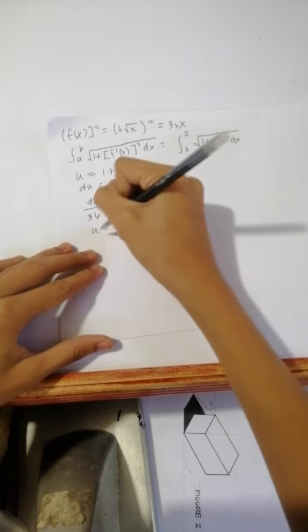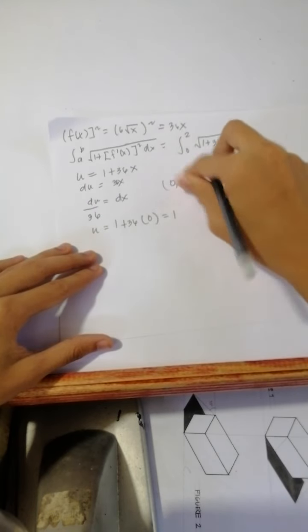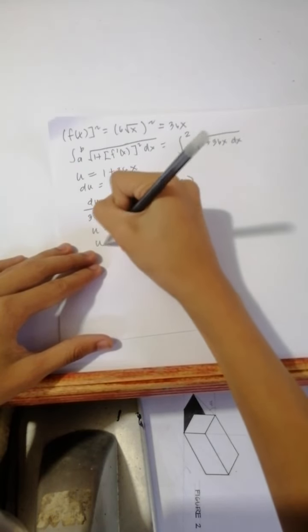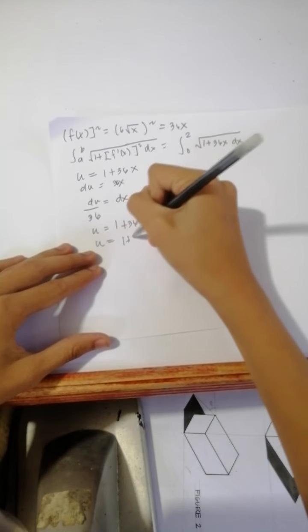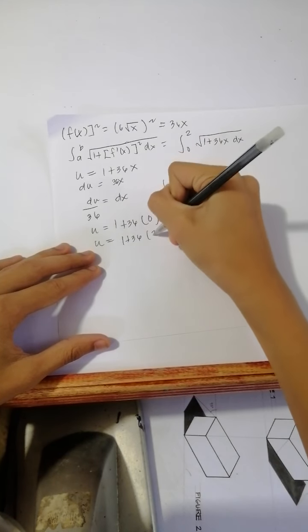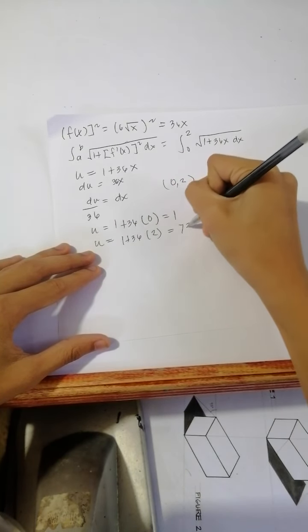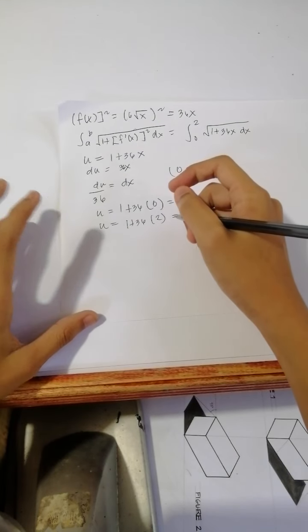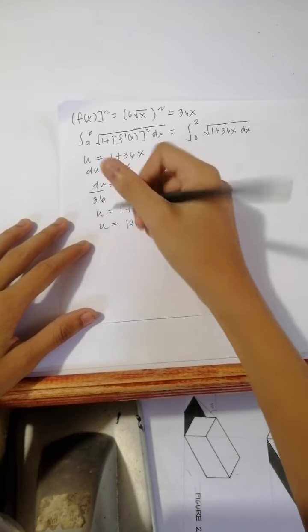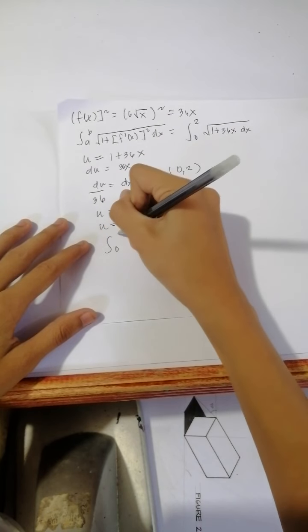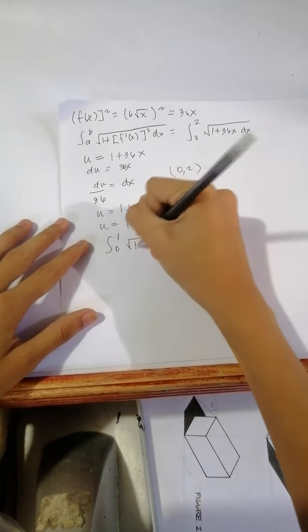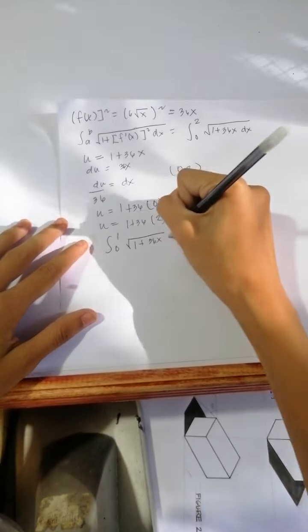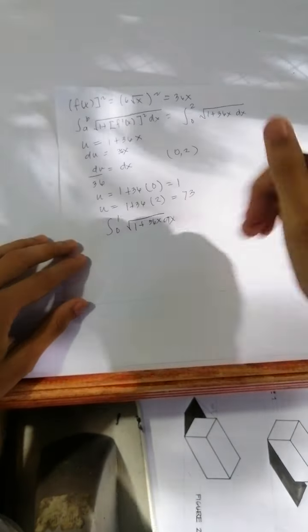The next limit you will change is the 2. So 1 plus 36 times 2 equals 73. From that, you will now apply that to your main formula, which is the integral from 1 to 73 of the square root of 1 plus 36x dx. So that is your main formula.